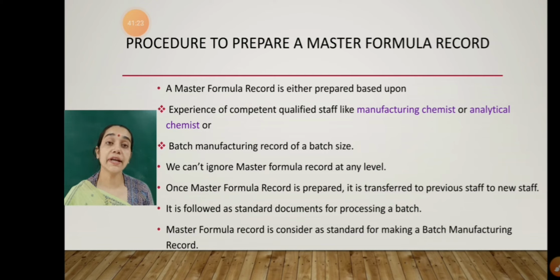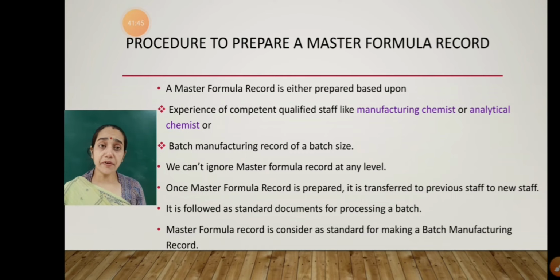According to their experience also, a master formula record is prepared. And sometimes they prepare a batch in their production unit and determine the quality of that particular batch. On that experience they make the master formula record.